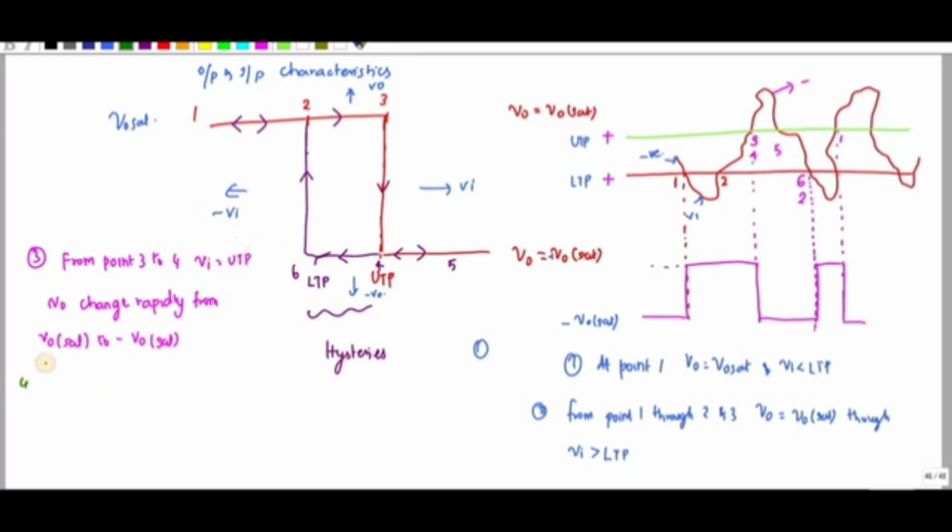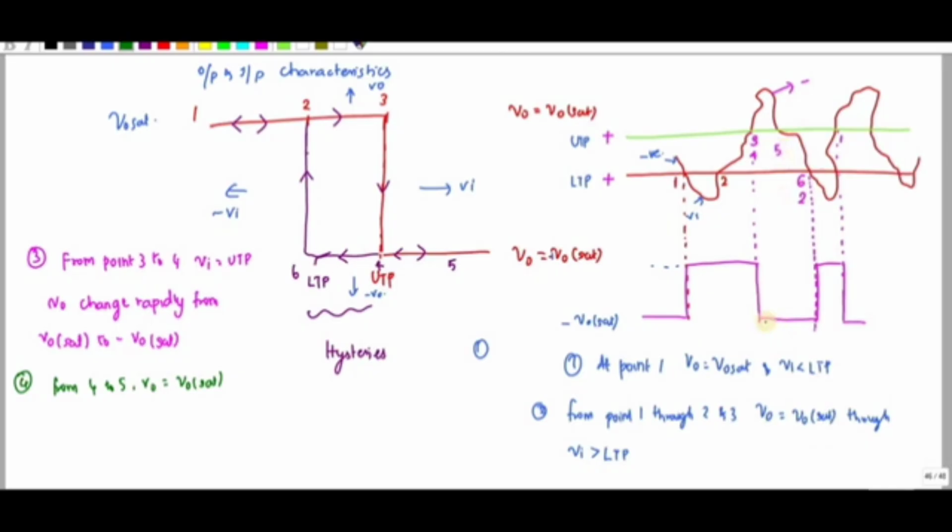So that is the fourth point, from 3 to 4. Now from 4 to 5, V0 is equal to minus V0 saturation.